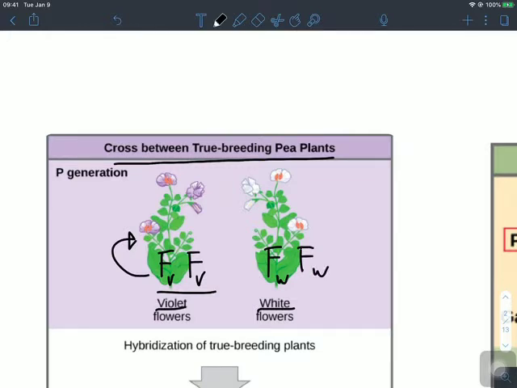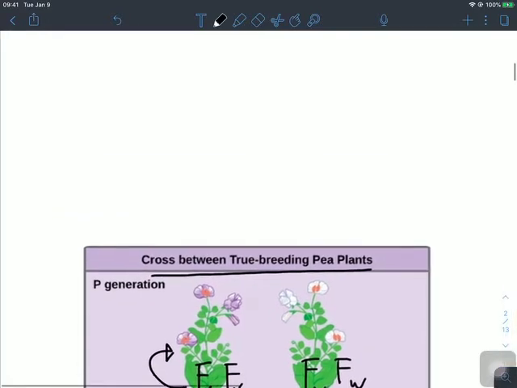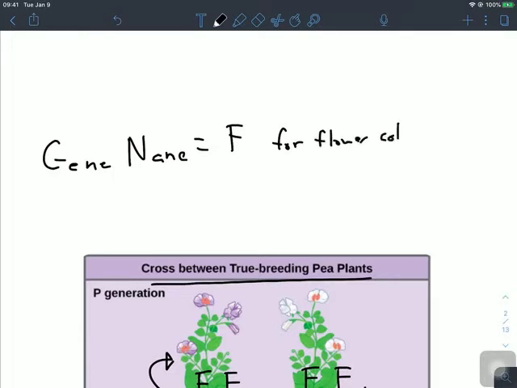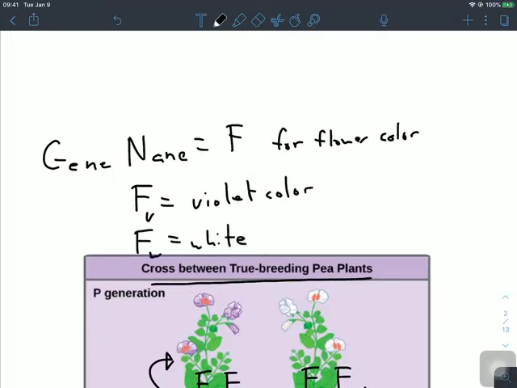Of course, on the exam, I want you to be able to, and in your notes, write out that the gene name is F for flower color, FV is equal to violet color, FW is equal to white color.